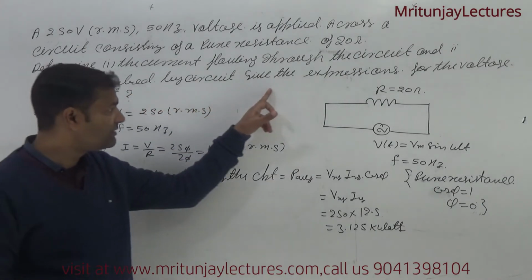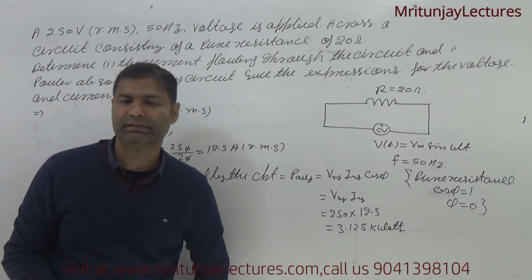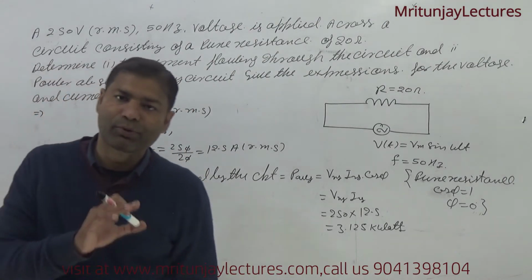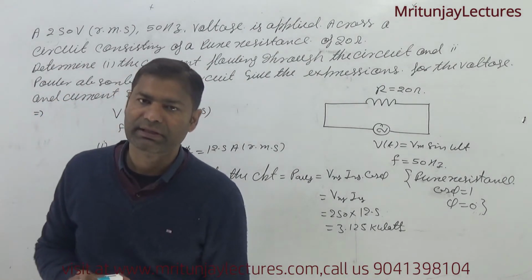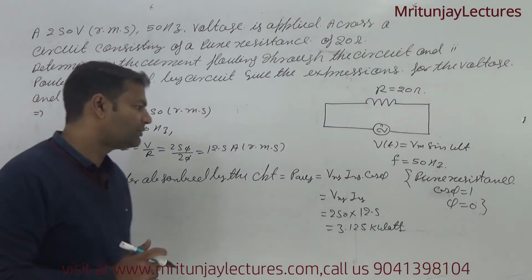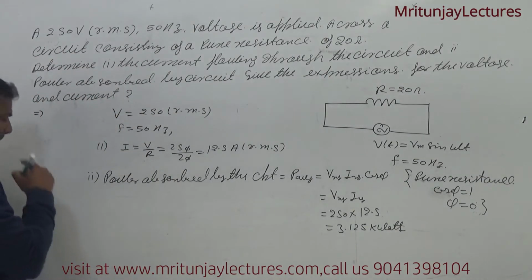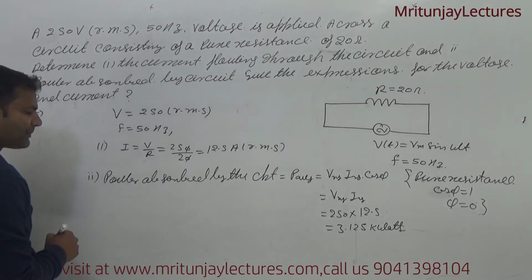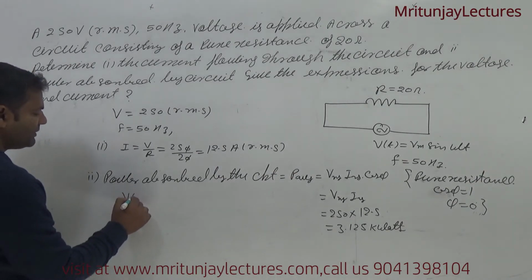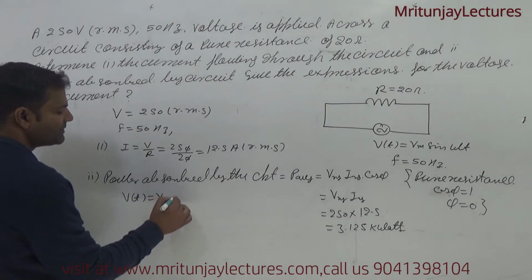Observe the circuit and give the expression for the voltage and current. Now the next target is the voltage and current expression, meaning in the time domain. I know that V equals Vm sin omega t.